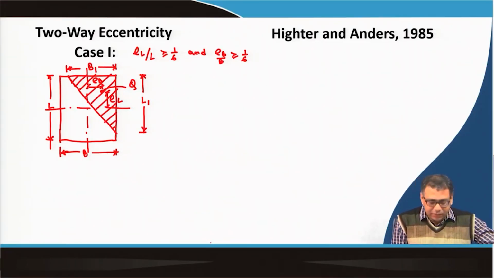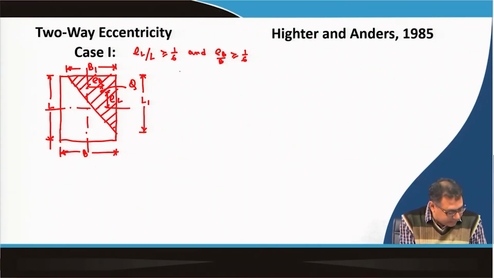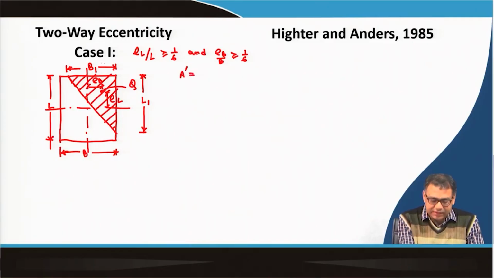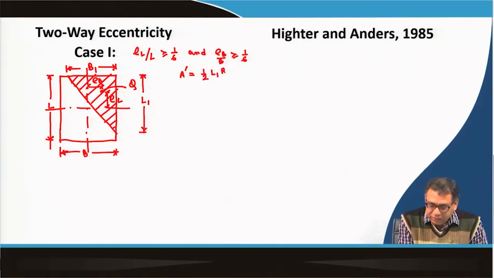So, how can we calculate these L_1 and B_1, because that is important. Now my effective area A dash is the shaded portion, a triangle. So, this will be half L_1 into B_1.